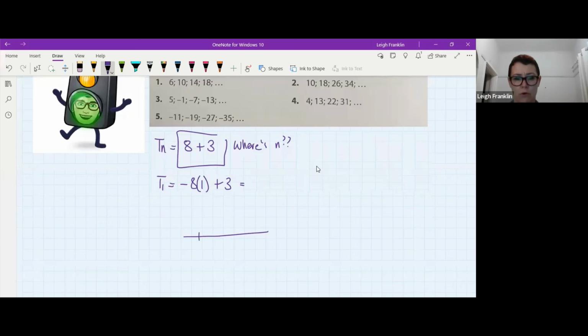No. If I add 3, remember I'm going in that direction: -7, -6, -5, -4. So if I'm sitting here and I go 1, 2, 3 places to the right, I'm going to get -5. I'm not getting -11.